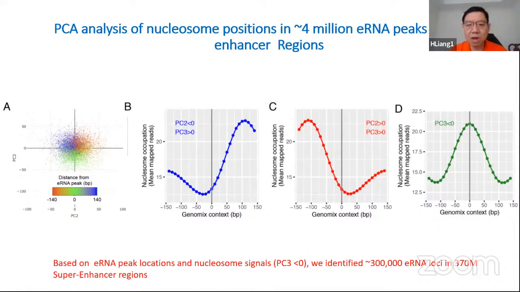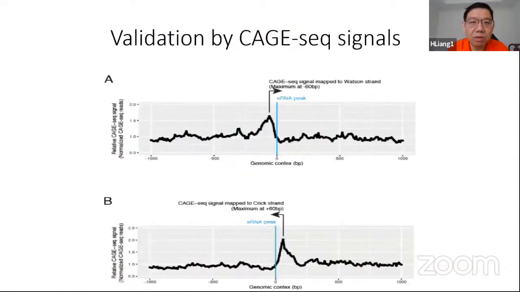So by doing that, now you can imagine we have a very clear ERA unit. Each is very short, so we can quantify the ERA signal. Then we can further validate this super enhancer region ERA unit by CAGE signal.